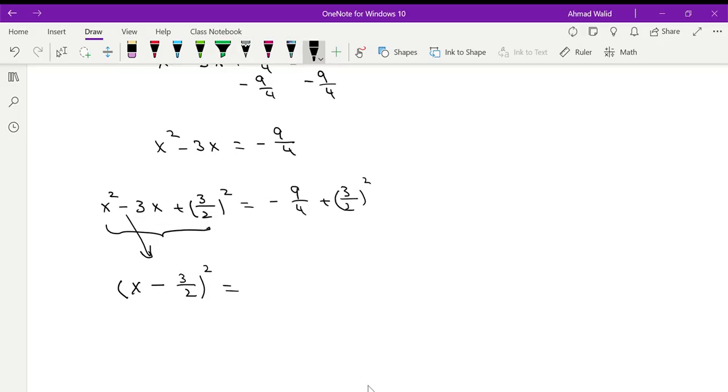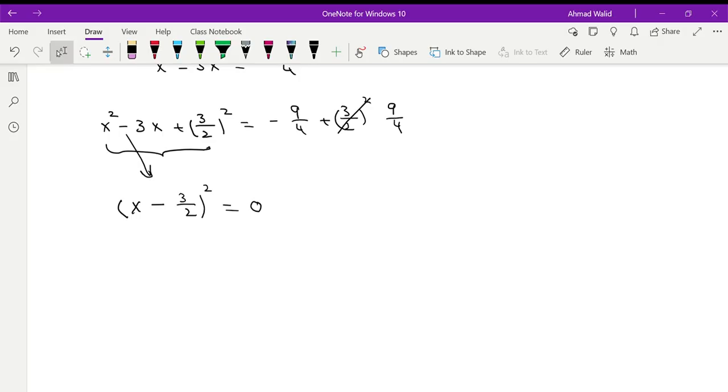Equals, I'll simplify the right side. Actually, if you square 3/2, you end up with 9 over 4. Agree? Now, what is negative 9 over 4 plus 9 over 4? You end up with 0. Correct? What to do now?